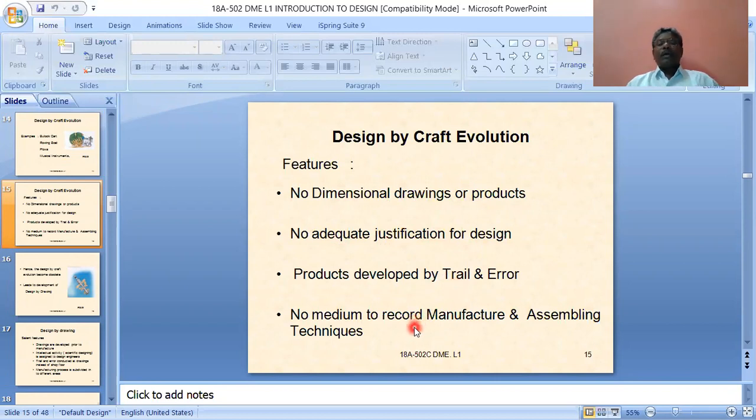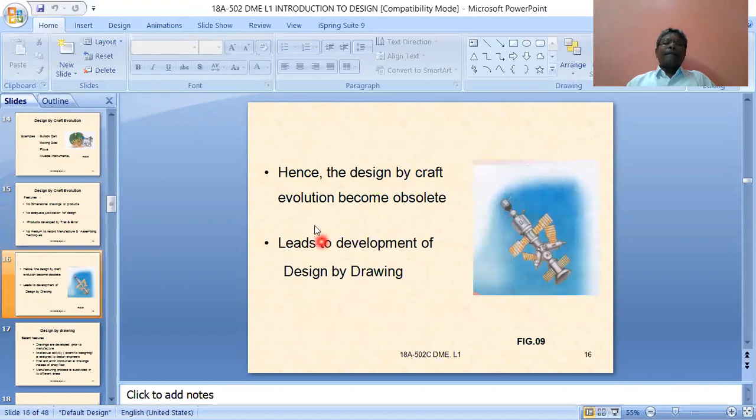Also there is no medium to record manufacture and assembly techniques in craft evaluation. Design by craft evaluation has become obsolete nowadays, with nobody using obsolete techniques. Nowadays for anything we are going to have drawings, so it is an obsolete technique and it led to the development of design by drawing.